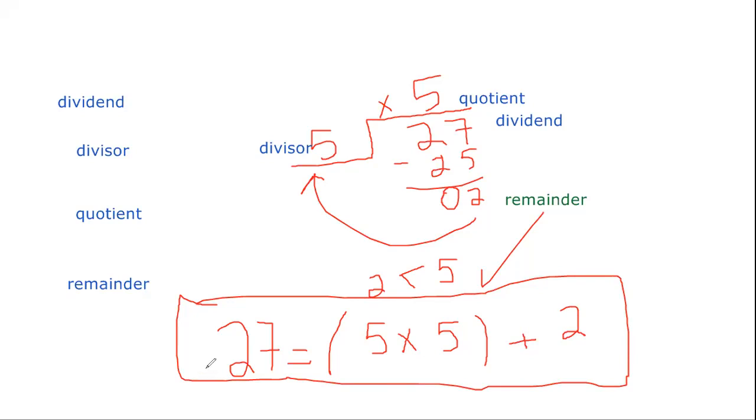So when you want to write the Euclidean division, you have to put the dividend, which is equal to the divisor times the quotient plus the remainder. It is important that you write this and learn how to write it.